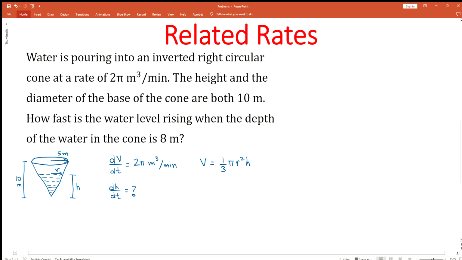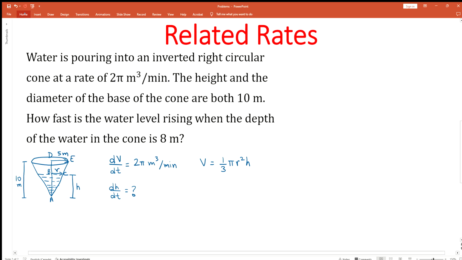For that, we need to analyze the diagram I drew on the board. In this diagram, we can draw two triangles, triangle ABC and triangle ADE.